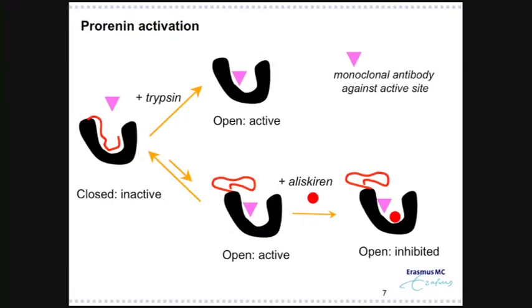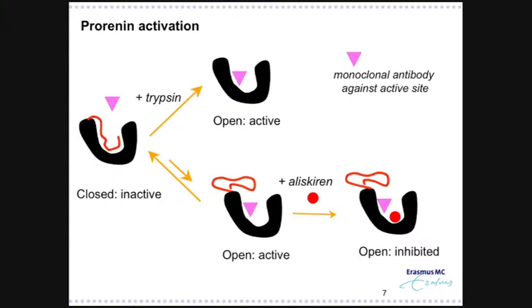So this implies that now we have two ways of opening prorenin and measuring it in the renin assay. The first is the assay which I explained to you, where we simply cut off the prosegment with trypsin, and then we really have a renin molecule left. That's pretty clear, of course.